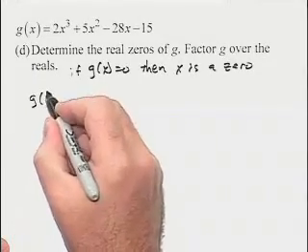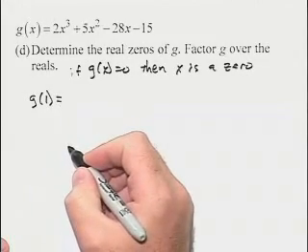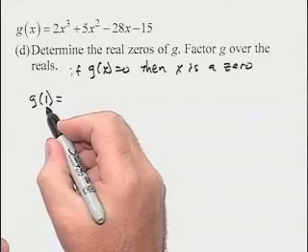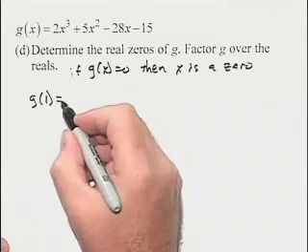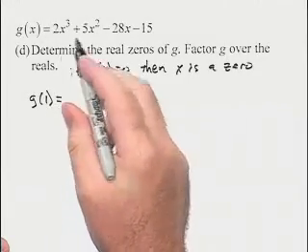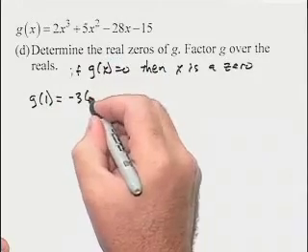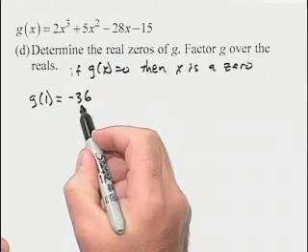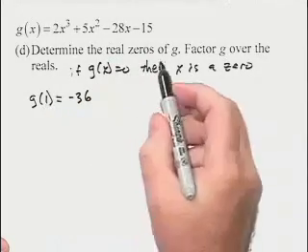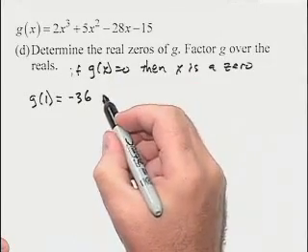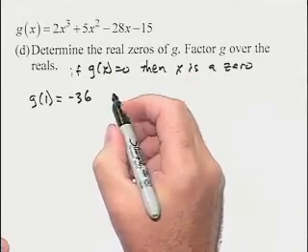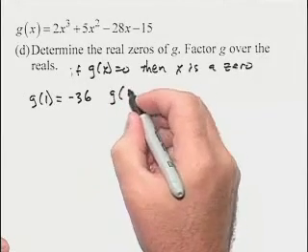We'll actually start with the positive integers. So we'll do g of 1. 1 is our first positive potential rational zero. That's an integer. We evaluate the function and get negative 36. Since this is not equal to 0, we know that 1 is not a 0 of g. The next positive integer potential 0 is 3.